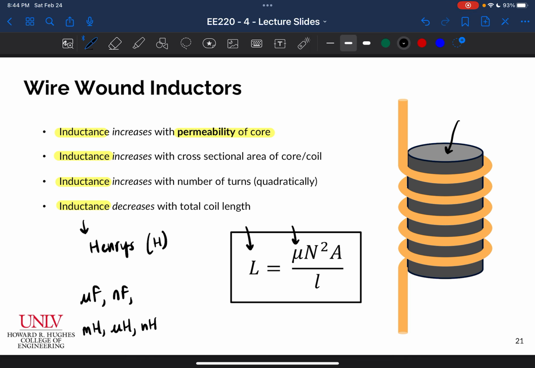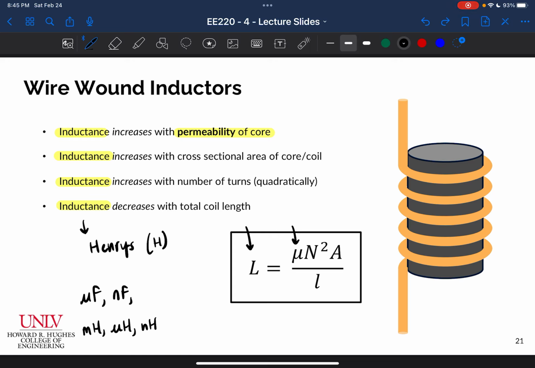So this material in the middle is the magnetic core, and permeability is basically a measure of how well this material can store a magnetic field or store energy in the form of a magnetic field by polarizing its magnetic dipoles inside the material. So a better magnetic material that is more capable of magnetically polarizing will result in an inductor that can store more energy in the form of a magnetic field, okay?